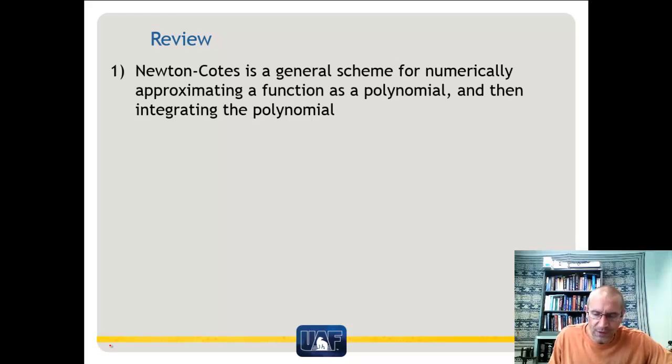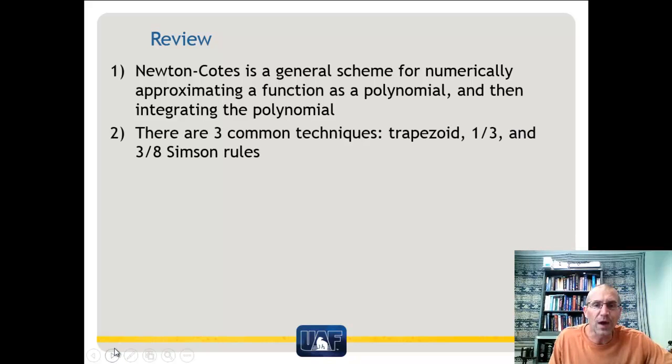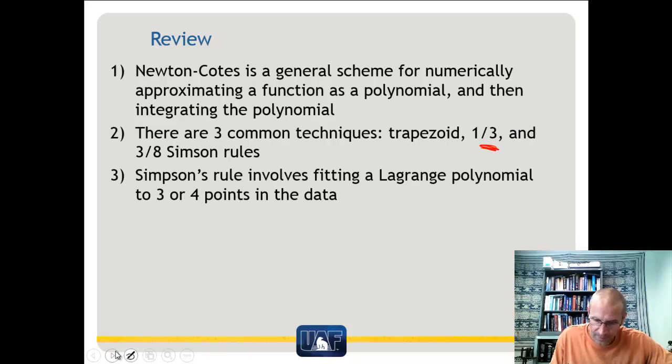Okay, let's go ahead and review what we looked at in this video. We saw that Newton-Cotes is a general scheme for numerically approximating an integral. What we're doing is approximating the function as a polynomial, and then integrating that polynomial. There are 3 common techniques: the trapezoid rule, Simpson's 1/3 rule, and Simpson's 3/8 rule. The most common is actually Simpson's 1/3 rule, or sometimes trapezoid is fine if your data points are fairly close together.